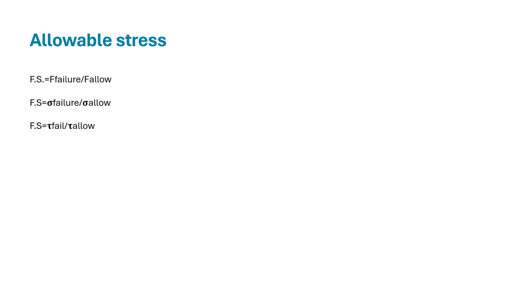When we are talking about allowable stresses, we have some safety factors. Safety factor will be the force which will give us the failure over the force which is allowable for us to be used in the system. So that is something which we will use when we start to design.